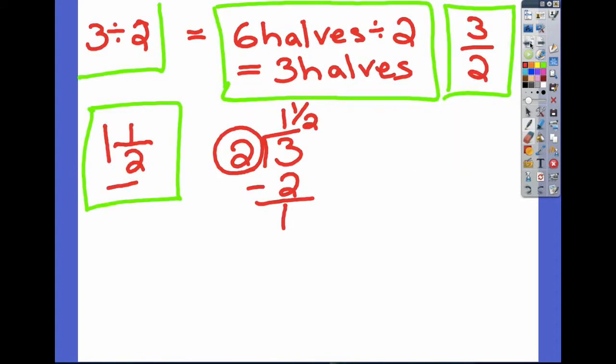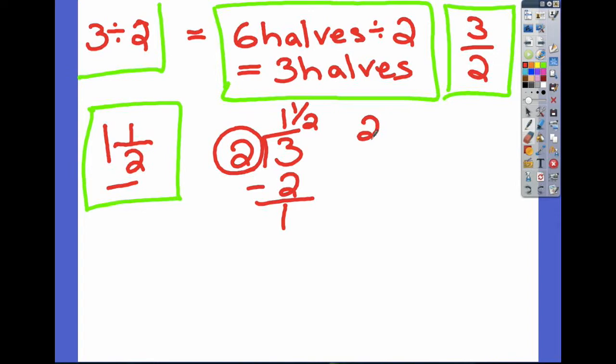So thinking about that, how am I going to check to make sure I did my division correctly? What do you think? Multiply. What am I going to multiply by? Want to help him out? 2. 2 times what? 1 1/2.